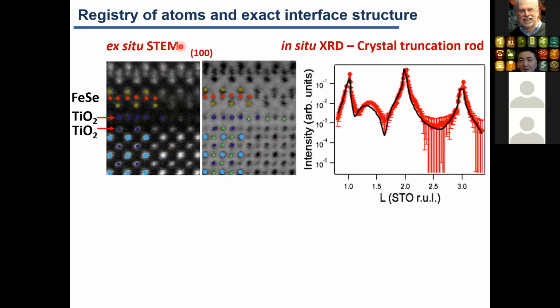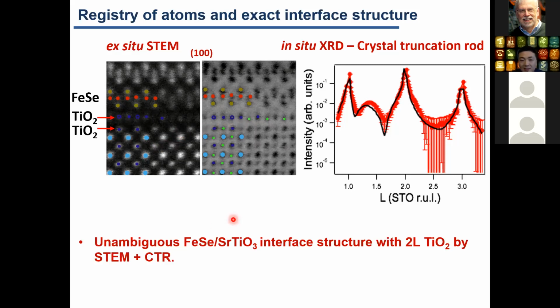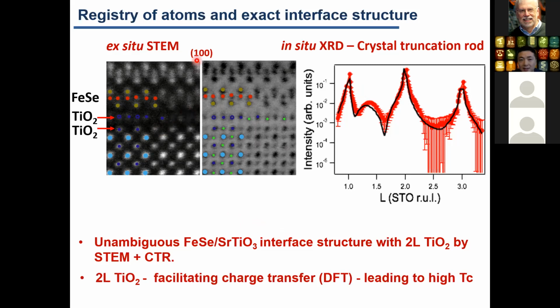To further confirm it, we prepared in situ samples for STEM. And you can see in STEM, we also see the double TiO2 layers at the surface of STO, and the iron cyanide sitting on top of that. These double TiO2 layers are quite clear. So based on the two measurements, STEM in real space and X-ray in reciprocal space, we confirm that there is a double TiO2 layer at the surface of STO.